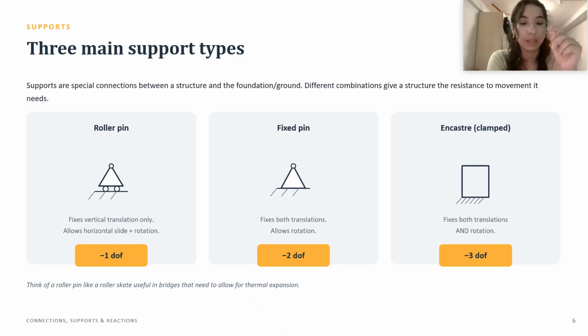With a fixed pin, the translations, both vertical and horizontal, are fixed, so you remove 2 degrees of freedom. And then the incastre, which is clamped. The body is completely fixed. Even rotation is not possible, so 3 degrees of freedom are removed.